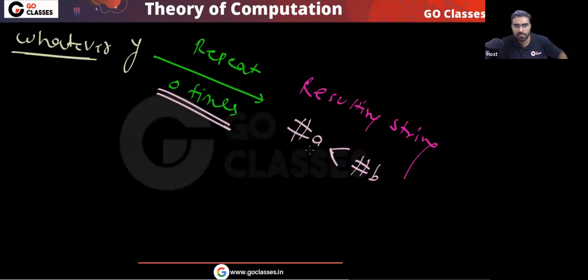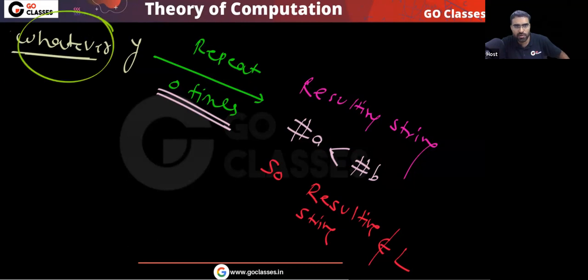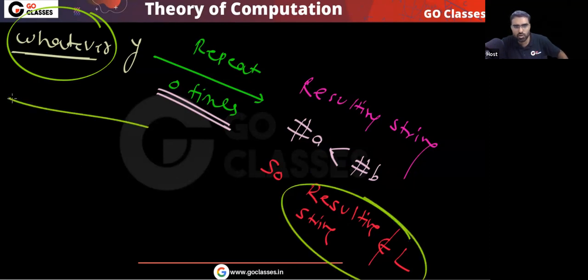So what can I say? This resulting string does not belong to L. Remember, whatever y you take, the resulting string does not belong to L. So this string is not pumping.